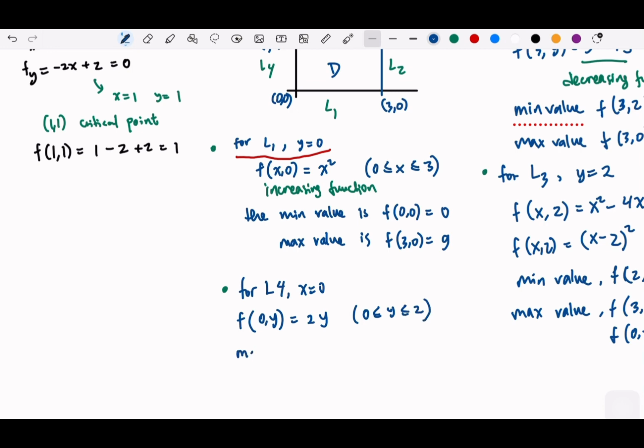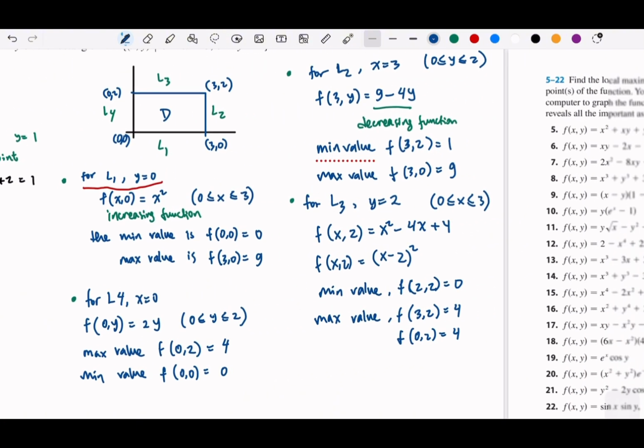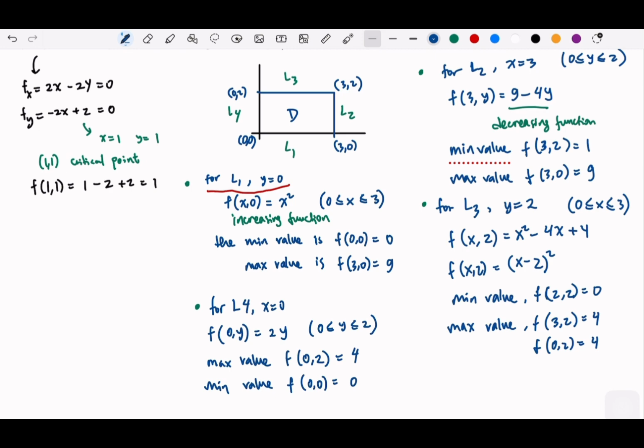The max value is 4 and the min value is 0. So from all this, we see that the maximum value possible is 9 and the minimum value is 0.